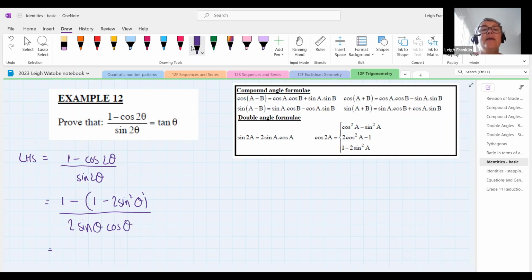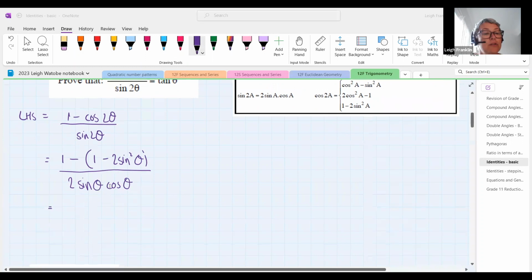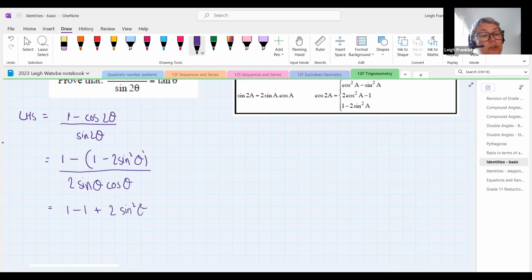Now I can get rid of my brackets. So 1 minus 1 plus 2 sine squared theta. I'm distributing that negative into the brackets, over 2 sine theta cos theta. Now you can see at the top, I originally had 2 terms. I removed the brackets, now I've got 3 terms.